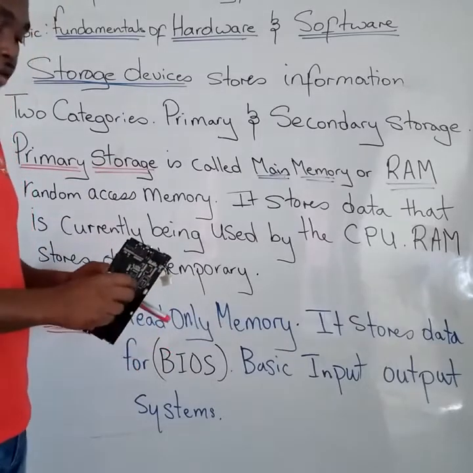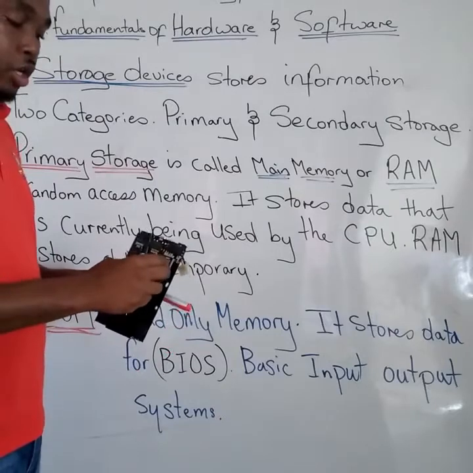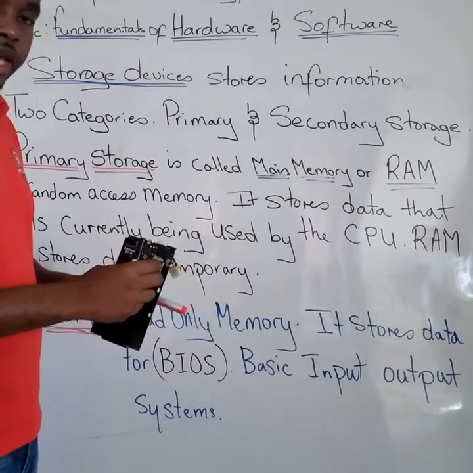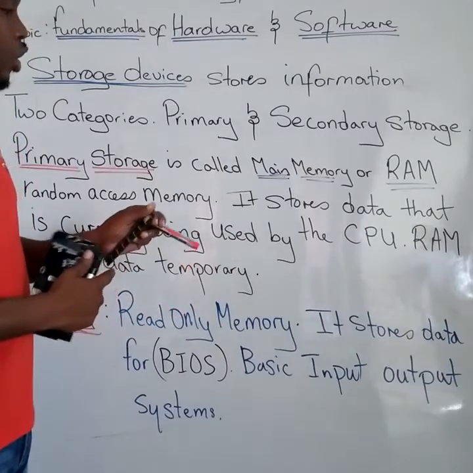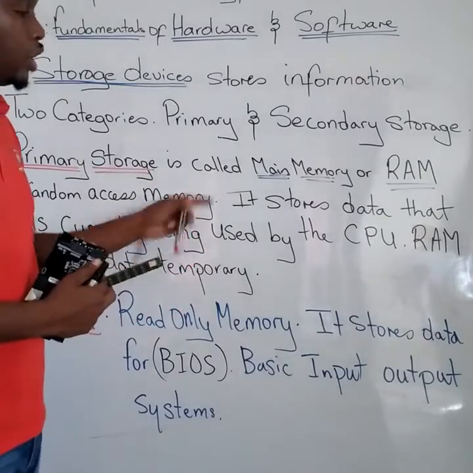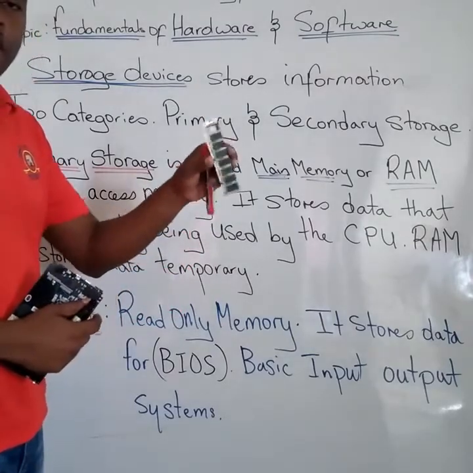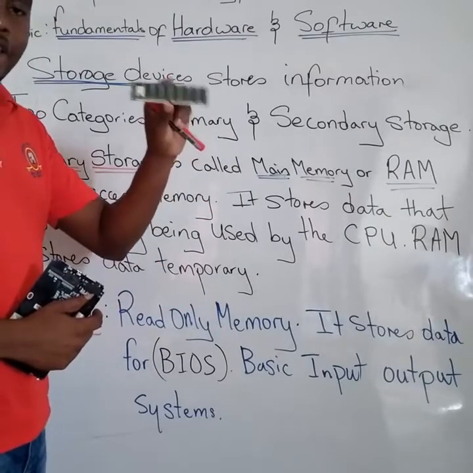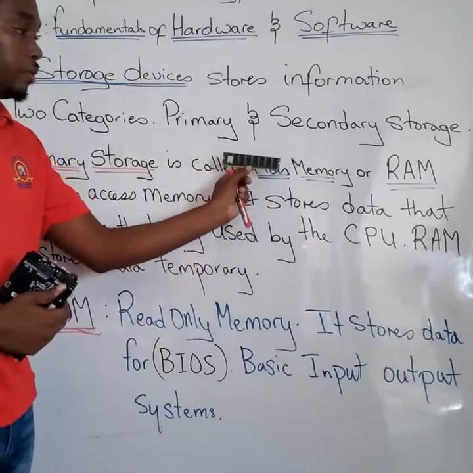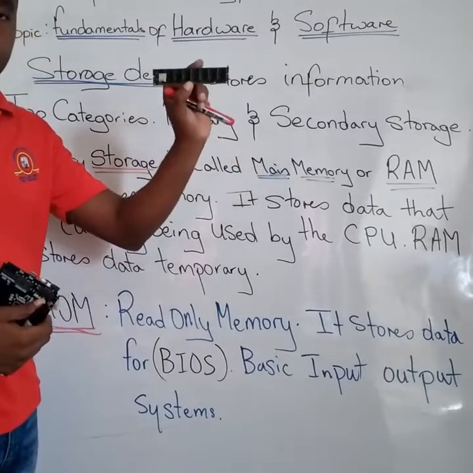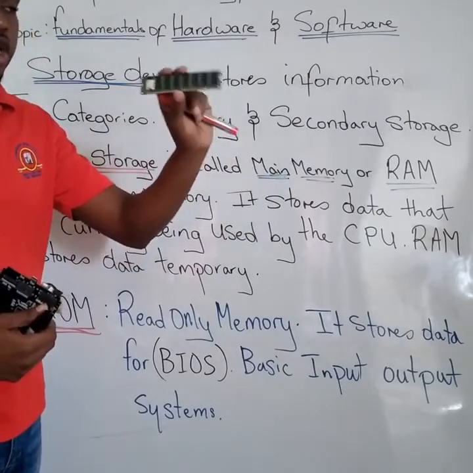So all that information would be stored on your ROM, while the information that is currently being used by your central processing unit would be stored on our RAM chip. This is your main memory, or what we call the memory chip for your computer system.